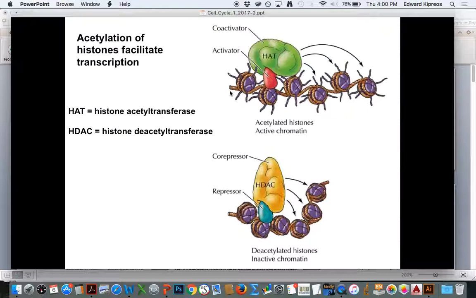So the question is, how is acetylation affecting these arms versus these arms, and why is this a closed conformation and this an open conformation? What's happening? And how does that work?